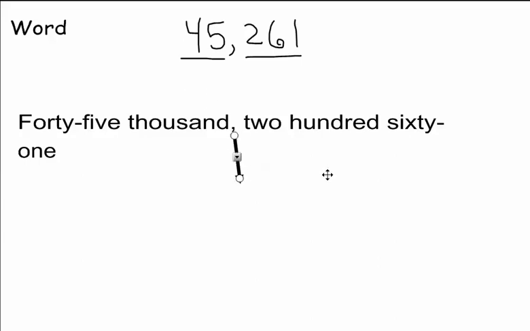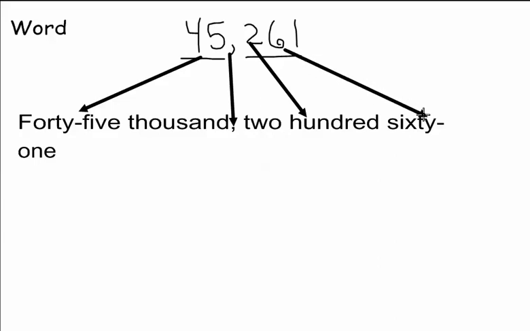So just like you have the comma up above, you're going to put that comma in the same place. So if it's right here, you're going to keep it right there. The 45 goes right there. The 200 goes right there. The 600 or 61 goes there.